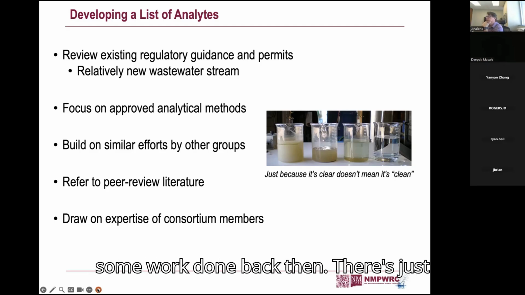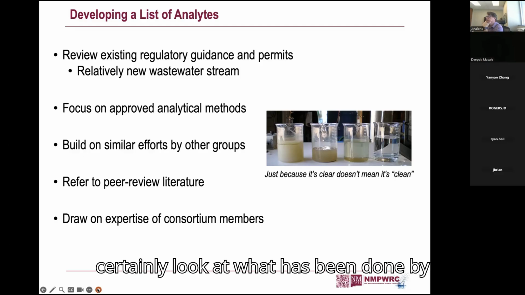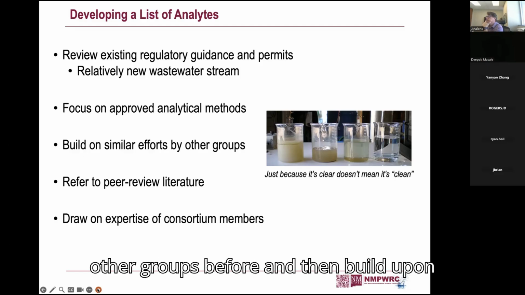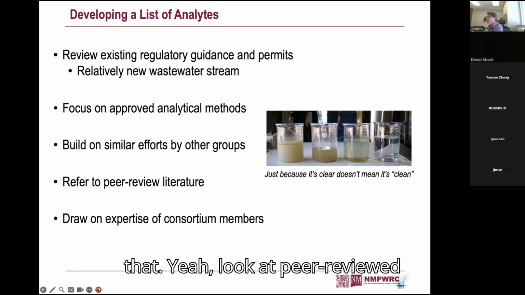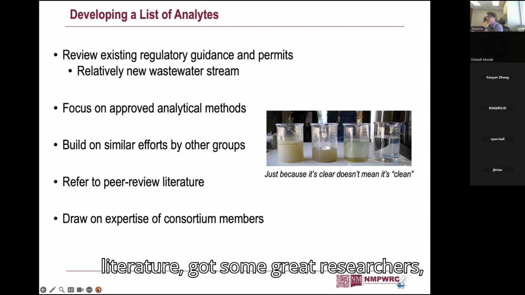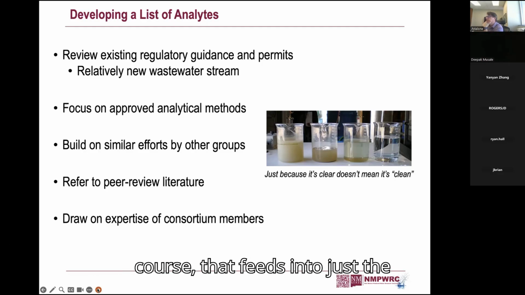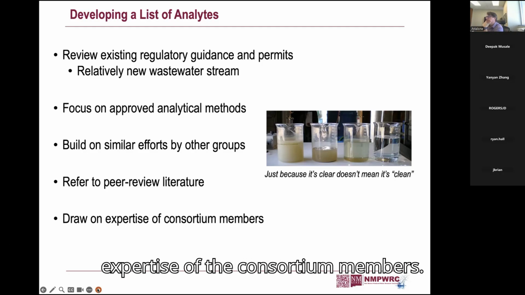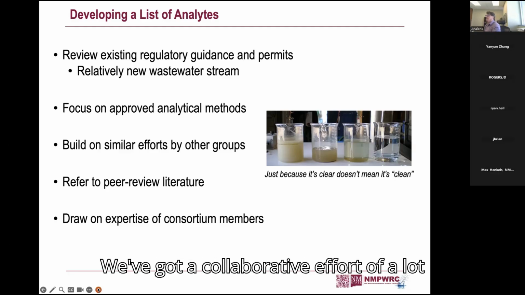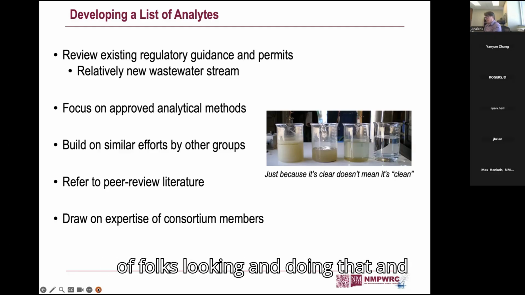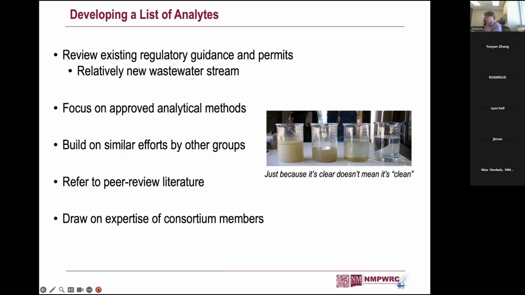So there was some work done back then. We look at what has been done by other groups before and build upon that. We also look at peer-reviewed literature. We've got some great researchers, both in academia and in industry, looking at this. Of course, that feeds into the expertise of the consortium members. We've got a collaborative effort of a lot of folks working together on that.